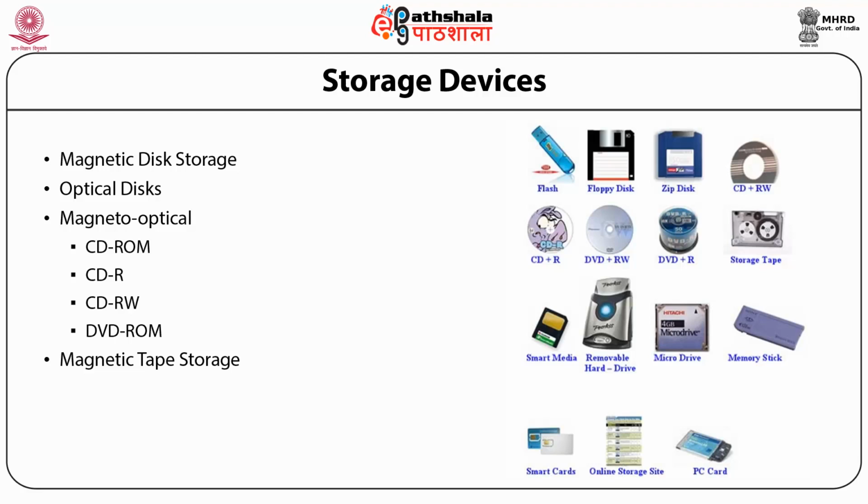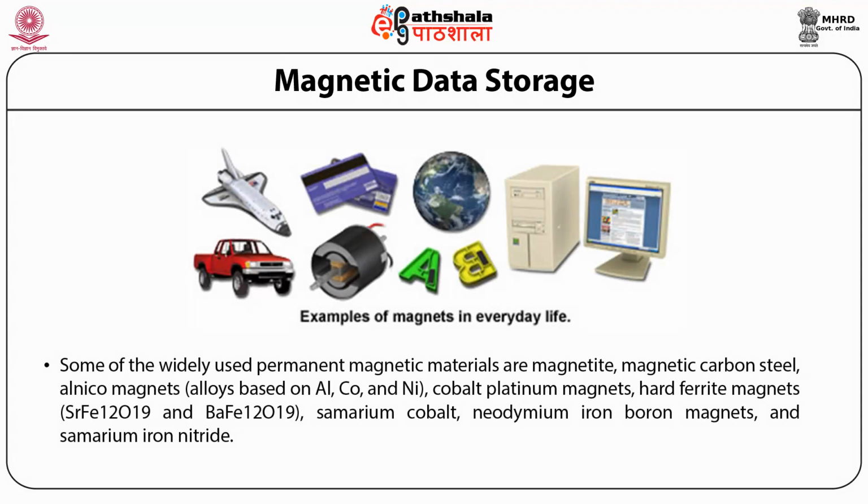Barcodes and magnetic ink character recognition, known as MICR, are two ways of recording machine readable data on paper. Some photographs of storage devices are shown in the figure.